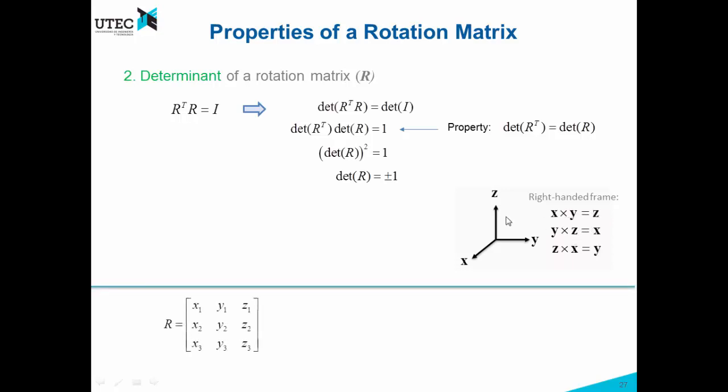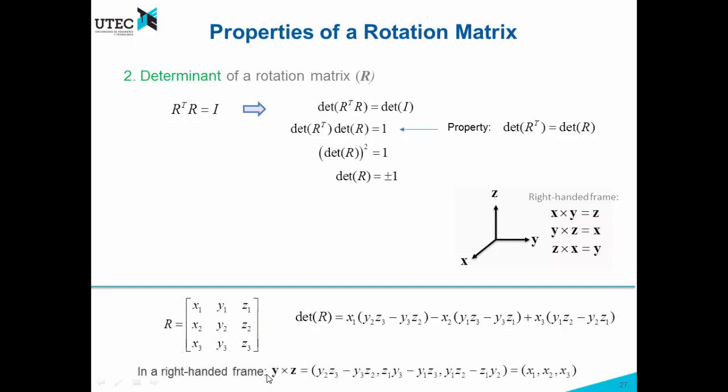So here, this is just to show a little bit what is the meaning of this. I am representing X, Y, and Z, all the components, 1, 2, 3, 1, 2, 3, 1, 2, 3. And if I compute the determinant of this, I will get this expression. This is just a normal determinant. Now, using these properties, in particular Y times Z, I can express this in terms of each of the components, and I can call this x1, x2, and x3 because of these properties.